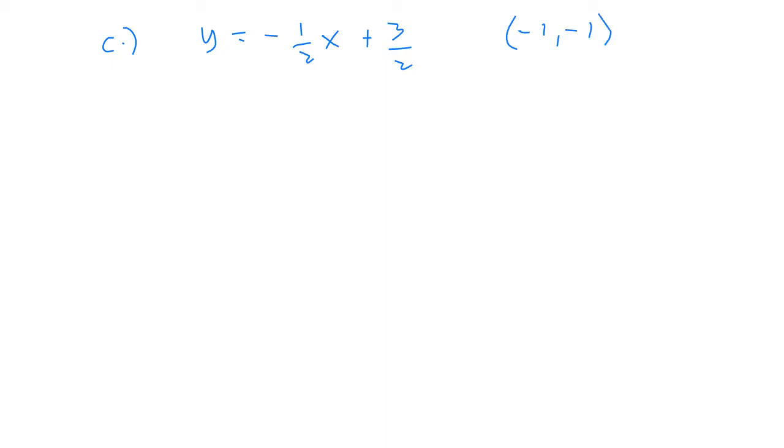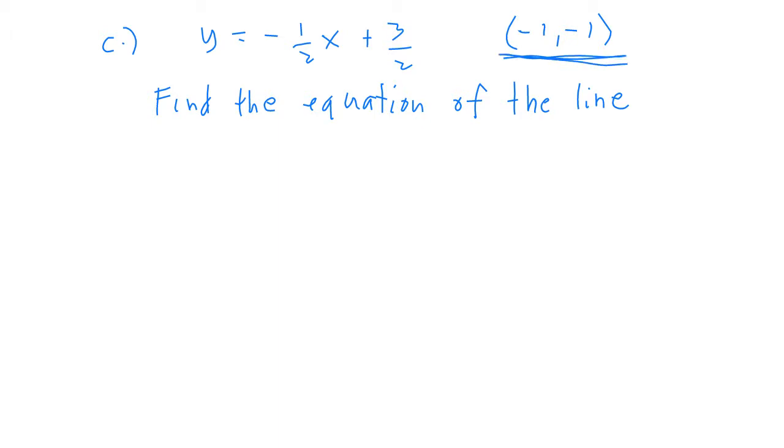And it says find the equation of the line that is passing through this point here, negative 1 comma negative 1, and parallel to the given line. So this is the given line.